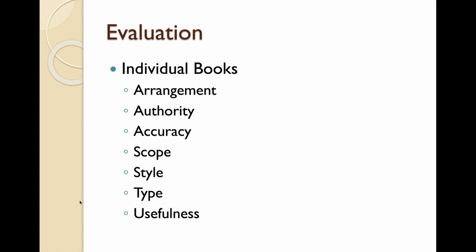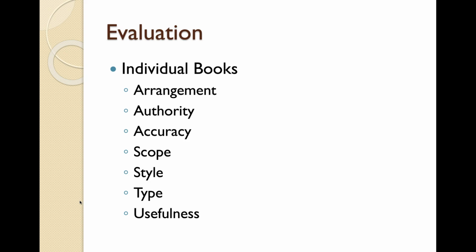So the arrangement of the book: are the pages clearly laid out? Is it laid out in sections? Is it arranged in a way that makes sense for the age of the students that will be using it? Is it arranged attractively? When you look at the book, is it appealing? And does it make it easy to use?